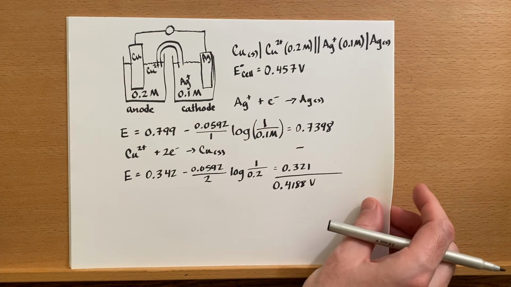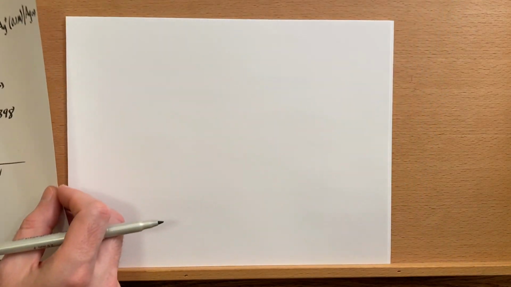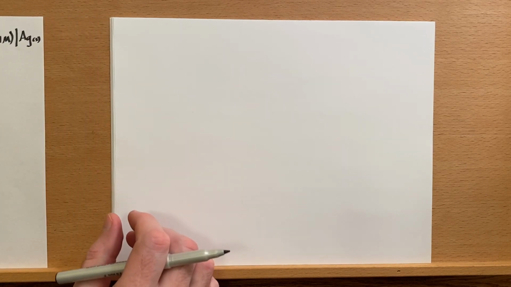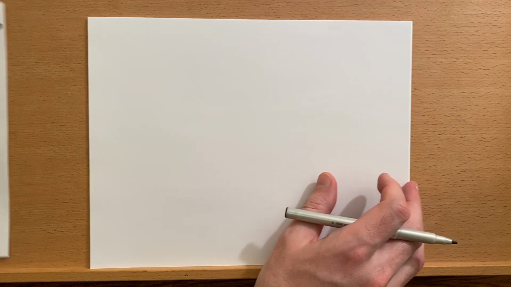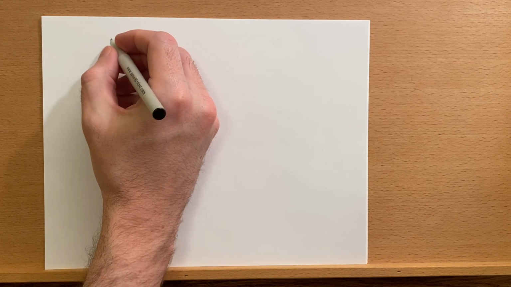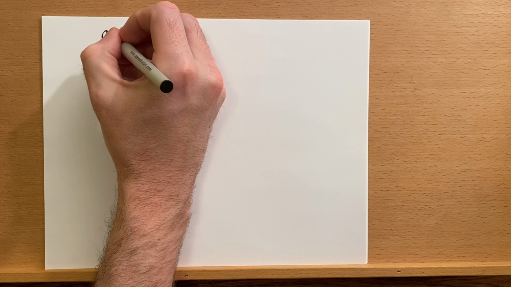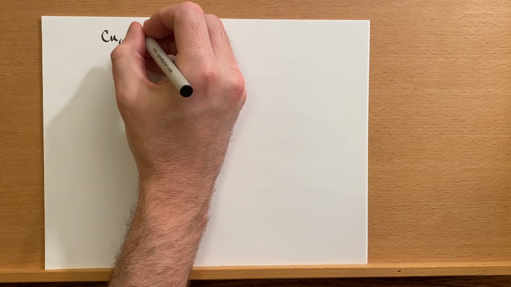Now, that is an example of, here we know the concentrations, we're able to calculate what the potential of the cell would be. Let's do an example using the same system, except in this case, we're going to have an unknown amount of silver in the mixture. Now, to keep things very similar and speed the process up, I'm just going to write the line notation here.